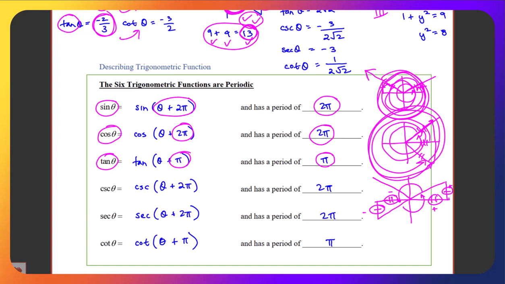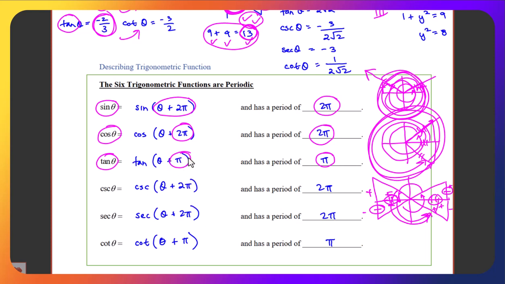If I have a negative tangent and I add 180 degrees or pi, I get the same tangent, because here y is negative, x is positive. Here, y is positive, x is negative, and here y is negative, x is positive. Negative over positive, or positive over negative, it's still going to be negative, and so these start over again every pi.